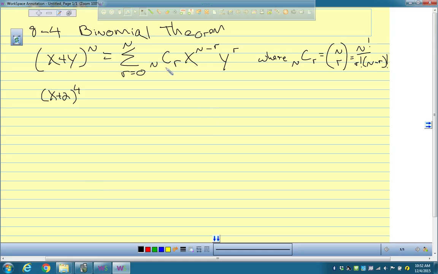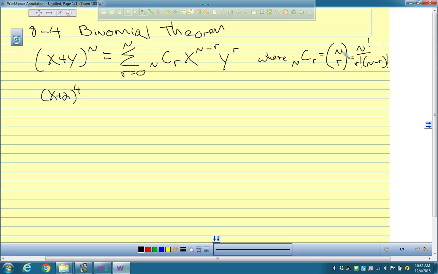So this thing here is a combination, okay? nCr can be written either like this, or sometimes like this, and I think the book uses this notation. A combination is used a lot in probability. We'll talk about it more when we get to the counting principle on Monday.